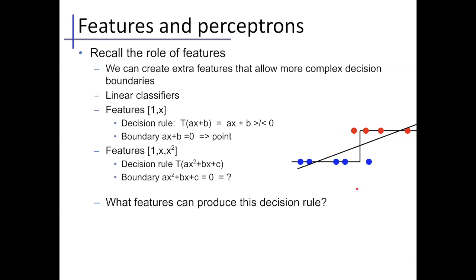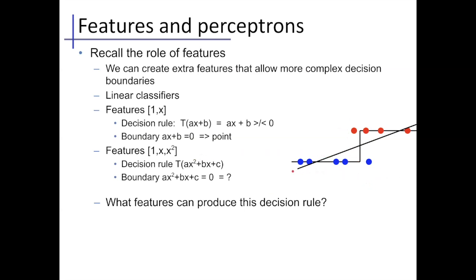How do you address that? Previously we said the way to address this problem, in order to generate a more complex decision boundary, is to introduce nonlinear features. So what type of nonlinear features? So far we talked about polynomial features. Instead of x, I can introduce x squared, and maybe that solves some of the problem.